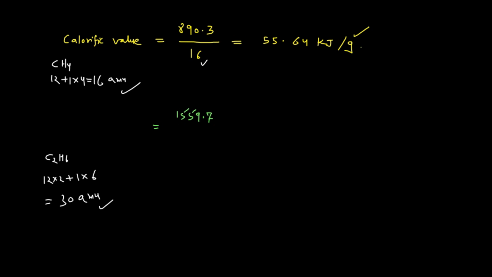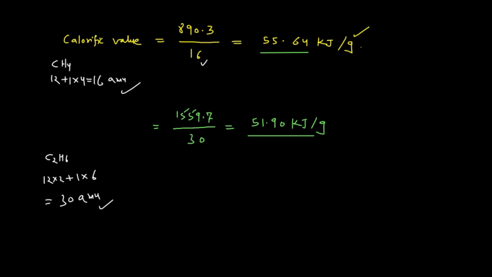So for ethane you divide this value by 30, and you get 51.90 kilojoules per gram. Now you can see this value is 55.64 for methane, and for ethane the value is a little lower, that is 51.90.